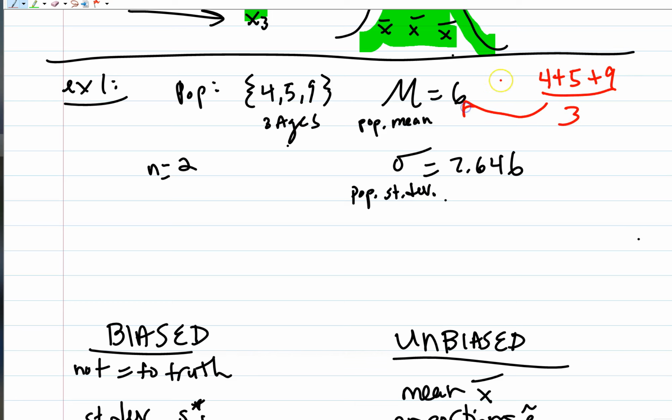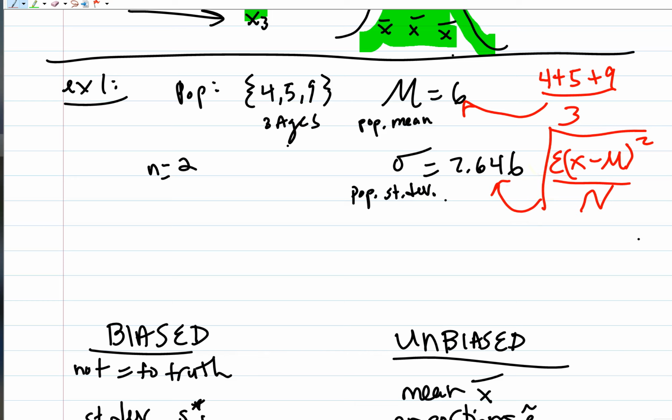This population has a mean of 6, right? And the standard deviation: each of those numbers minus that mean, squared, added up, and divided by n minus 1, or in this situation n, because it's a population, and we'd square root that. That's going to give us the standard deviation.